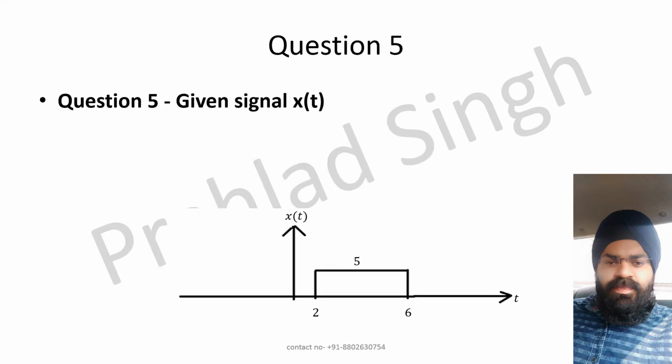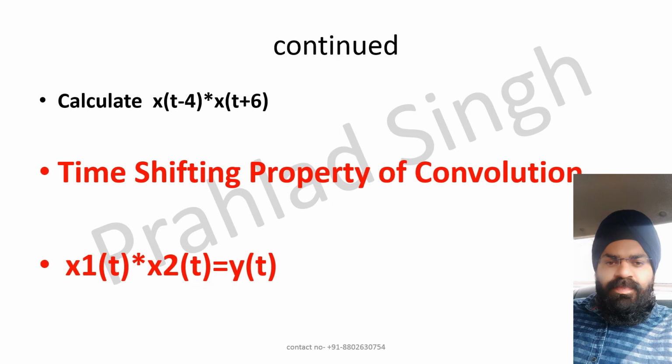Question number 5. Given signal x(t) is the same rectangular pulse which is defined from 2 to 6 and amplitude is 5. In this question we have to calculate x(t minus 4) convolution with x(t plus 6).